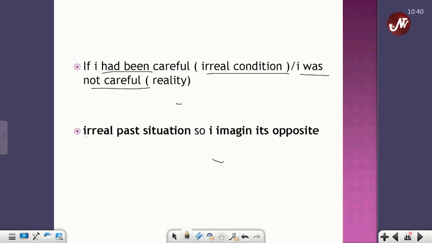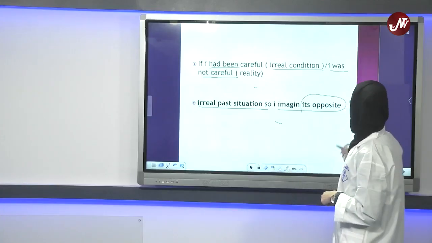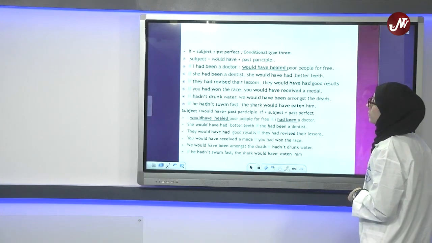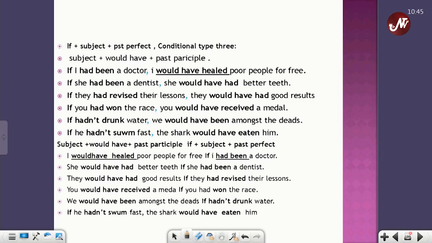So this is an unreal past situation, so I imagine its opposite. Here the reality is the opposite of the action in the past. So if he hadn't swum, the past participle of the verb to swim, fast, the shark would have eaten him.